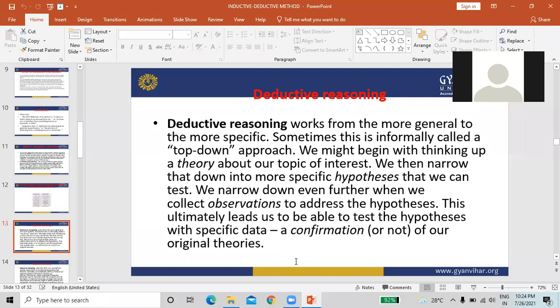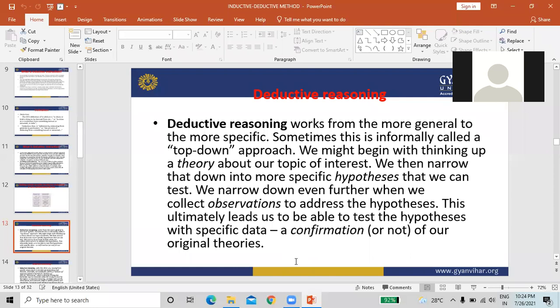Inductive reasoning works the other way, moving from specific observations to broader generalizations and theories.